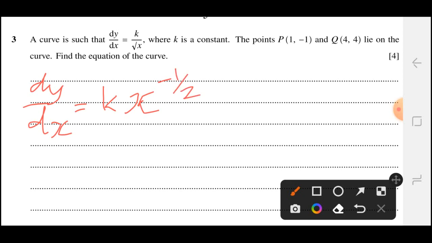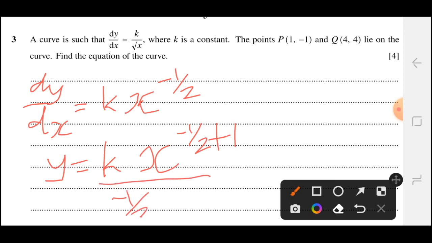Now, if we want to integrate this, we say y is equal to k x to the minus half plus 1, all over minus half plus 1.